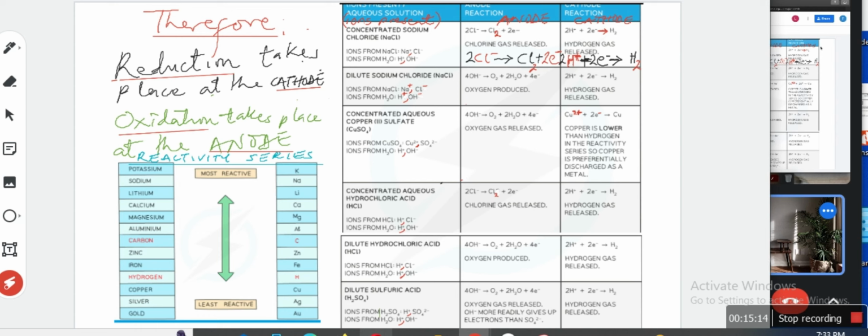This is interesting. You need to take note of that. Oxidation takes place at the anode. Reduction takes place at the cathode. Remind me again, what is oxidation?